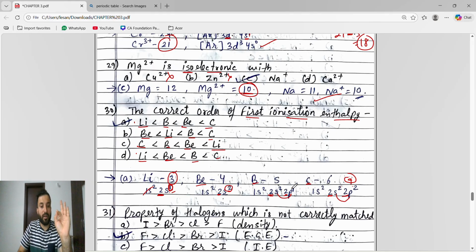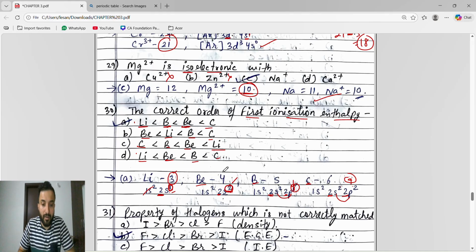In beryllium the 2s2 means s is completely filled. In boron s is filled, but p has just one electron. So boron will be easier, removing just one electron of p. So lithium, then boron. After that, beryllium, where 2s2 is completely filled. Now next is carbon.